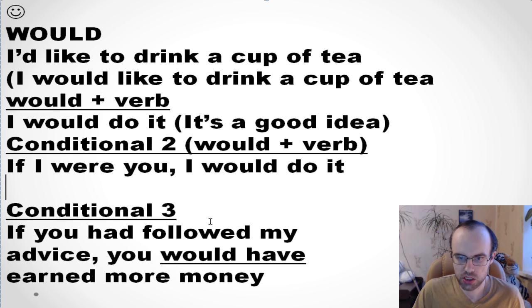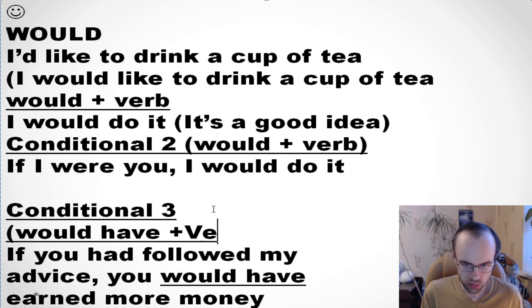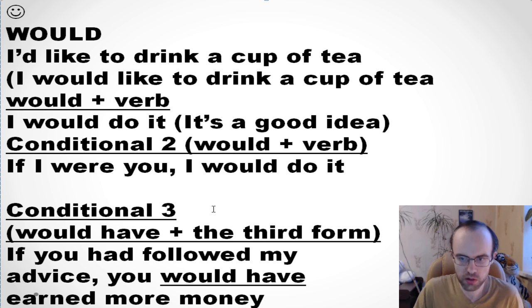We see it in the second conditional. And if we look at the third conditional, would have plus the third form of the verb. Okay? If you had followed my advice, you would have earned more money.